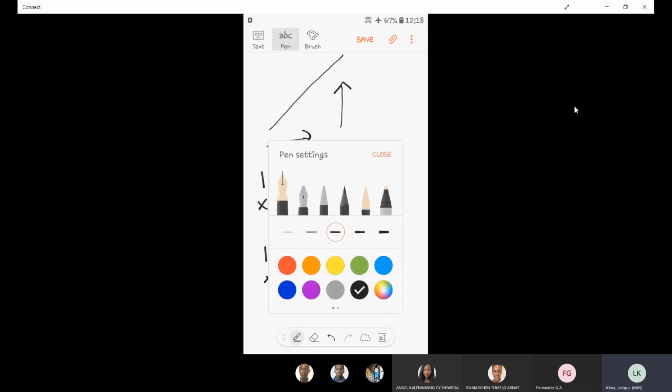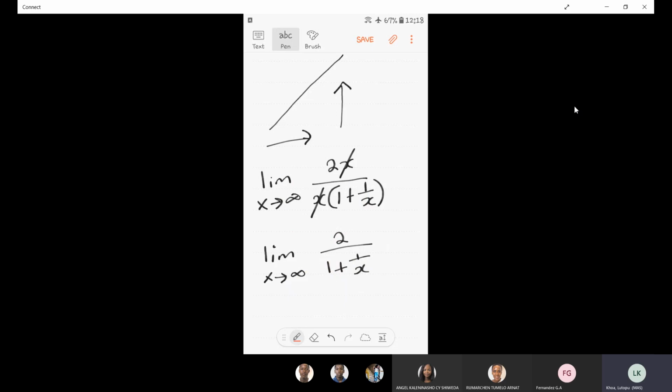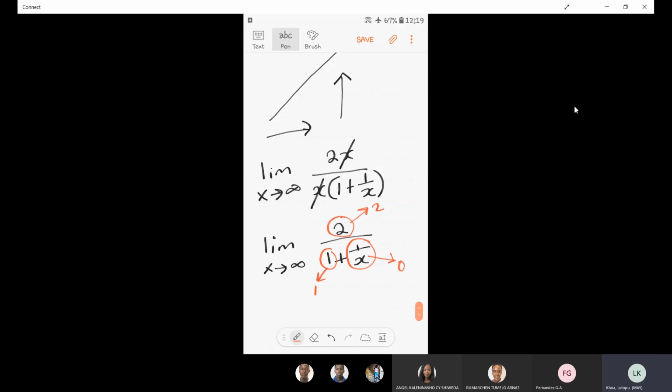Then we said that when x is getting bigger and bigger, 2 will just remain 2 because it doesn't depend on x. It is a constant. Same thing with 1. 1 will just remain 1. But this one here, 1 over x, when you keep dividing 1 by numbers that are getting bigger and bigger, we see that this is approaching 0.